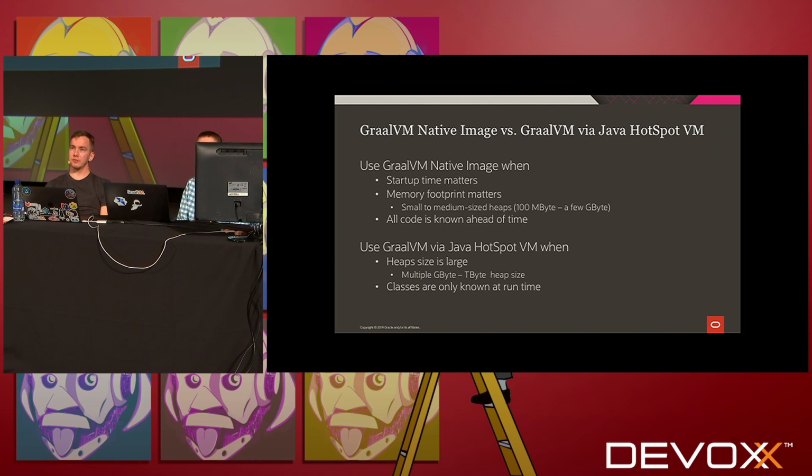Can I simplify your memory workings by saying that it's mostly the non-heap memory that is saved, and that the heap memory is the same? Yes, so the question is whether it's mostly the non-heap memory that is saved and the heap memory is the same. I would say that is mostly an accurate representation. Not 100%. There are some parts of the heap memory that we also save.